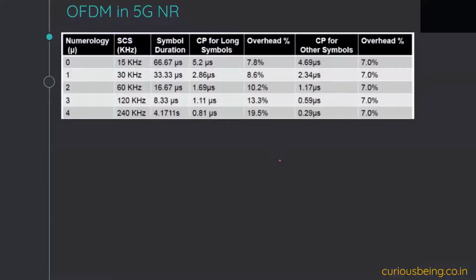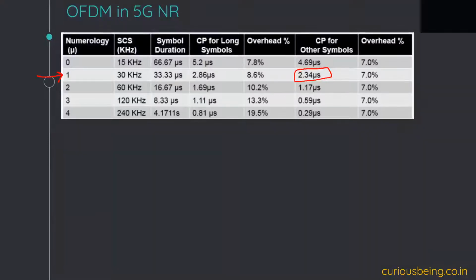Let's focus on this part, because if you look at the whole table, it may be confusing. But let me go through the table once.